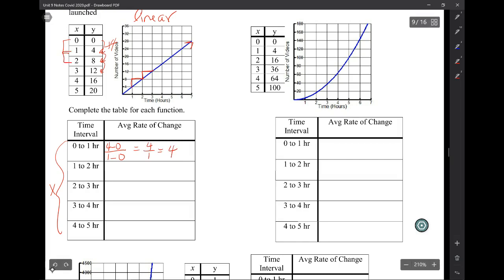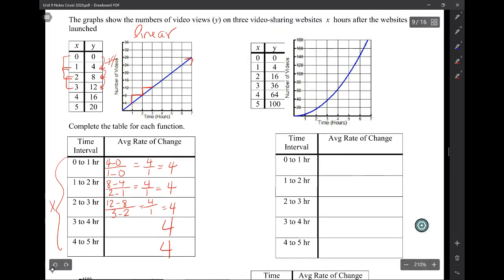Now let's go from 1 to 2. y2 minus y1 over x2 minus x1. And as I said, since this is a line, it should have a constant slope. So let's check it one more time, and then I'm just going to fill in the rest. 12 minus 8 is 4, 3 minus 2 is 1. There we go. We have a constant average rate of change because it's a line.